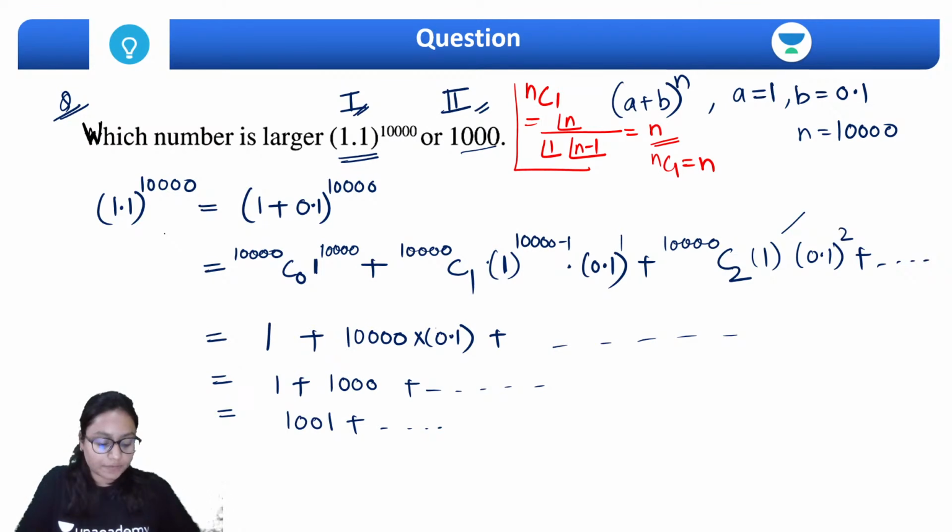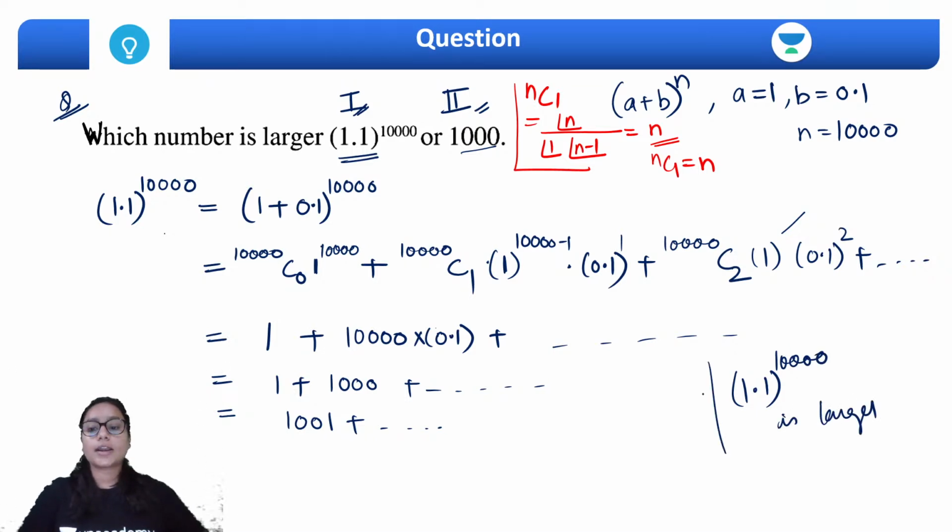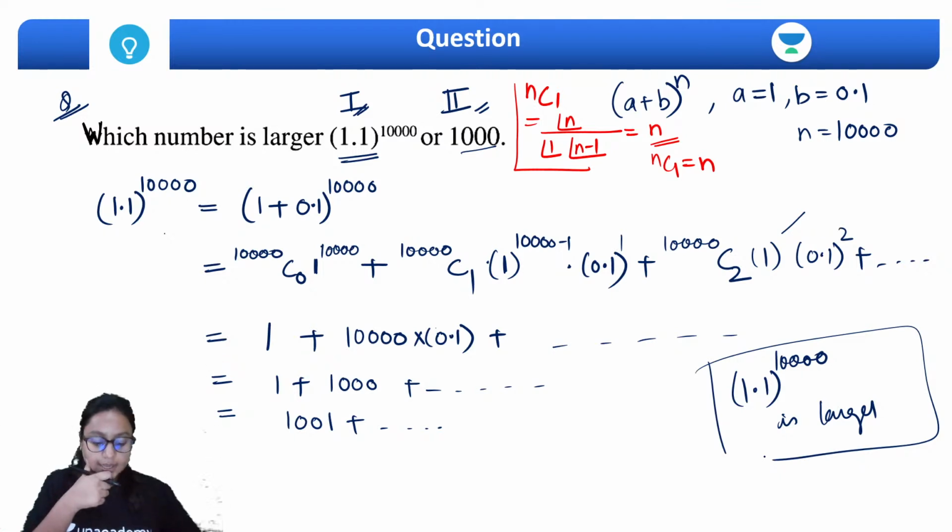Prakhar, Naveen, Priyansh, Sharmishta, Praveen, Vishnu, which number is the larger one? Correct. So the answer is that 1.1 raised to the power 10,000 is larger. Alright. Is this question clear to everyone?